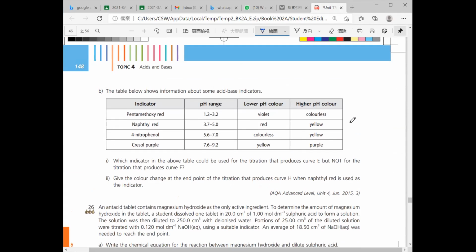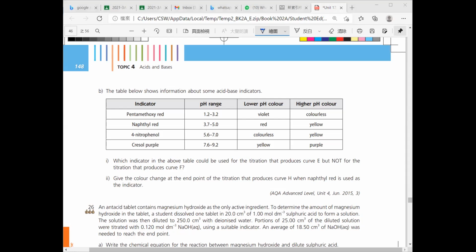Now how about this? The table below shows information about some acid-base indicators. Which indicator in the table will be used for the titration that produces curve E, but not for the titration that produces curve F? One indicator can be used in E but not in F. Which one is the choice?